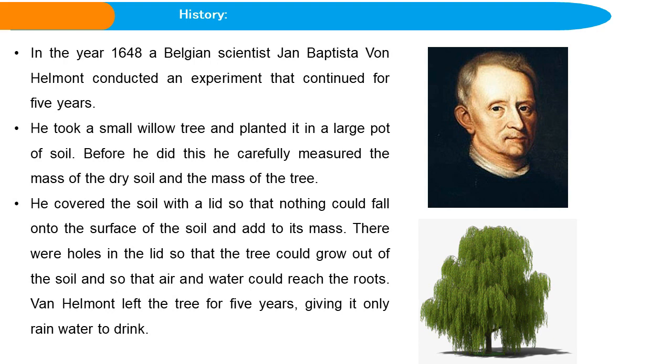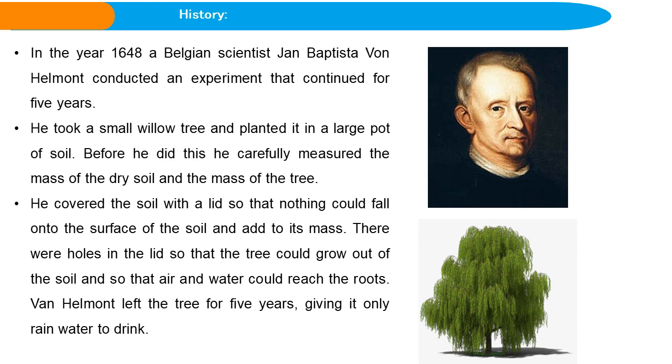After planting, he covered the soil with a lid so that nothing could fall on the surface of the soil and add mass to it. That means if we leave it open, dry leaves or anything else may fall on the soil and increase its mass.